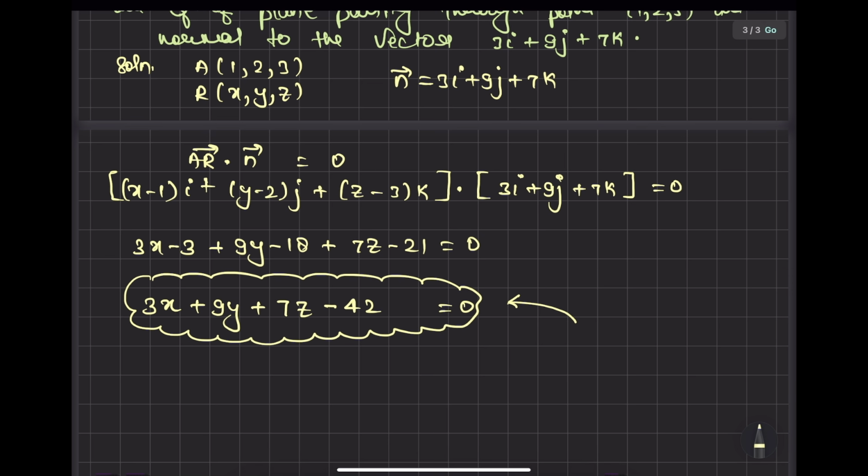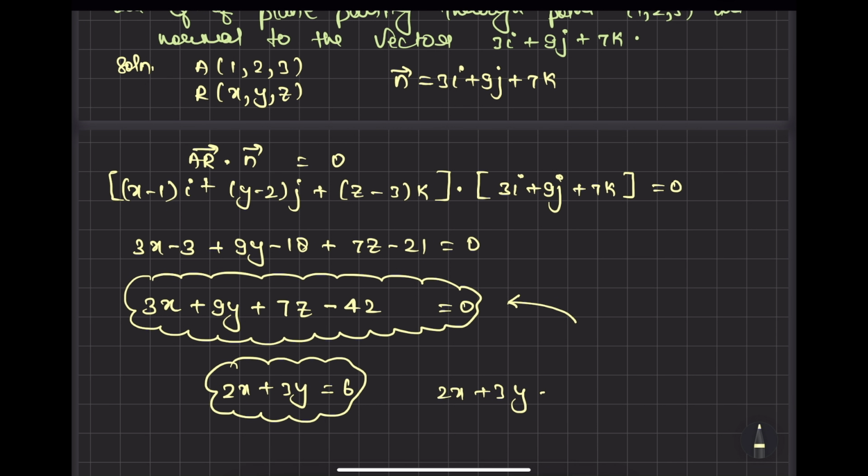And look at this. Like I told you, suppose I am handling 2x plus 3y equals 6. So what is this? This is the equation of a line. But if you introduce one more variable, 2x plus 3y plus 5z equals 9, this thing will represent the equation of a plane, whose normal vector will be 2i plus 3j plus 5k.